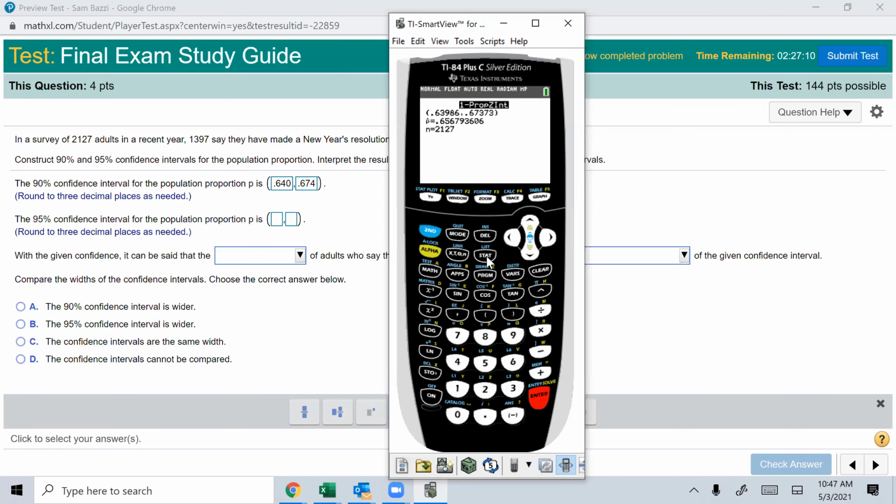Same thing, guys. Just go to stat. There are shortcuts to get to A, but I'm not gonna go over that now. See, I went too fast. So just change the confidence level, guys, to 95.